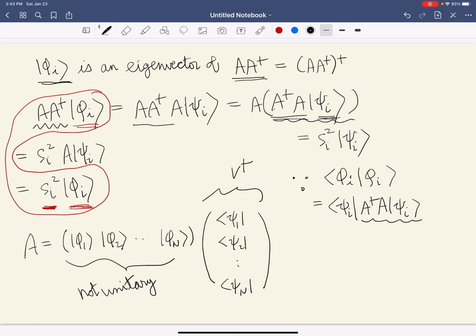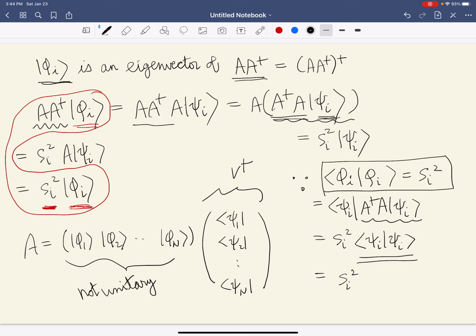But A dagger A acting on psi I gives you SI square, and by definition, we assume that these psi's are already normalized. So we just have SI squared. That means the overlap of the phi I eigenvector does not give you 1, but rather it gives you some SI square. So it's not normalized.